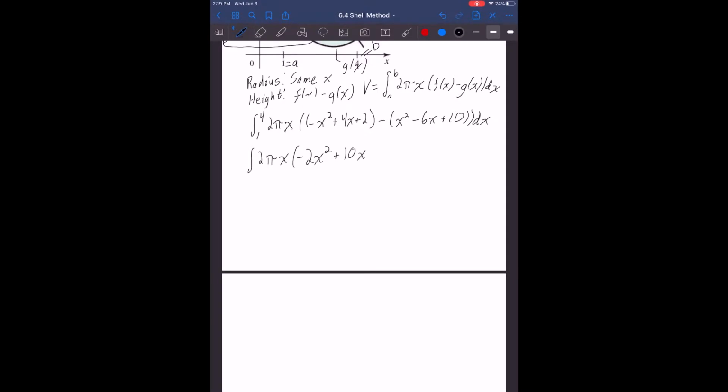The negative is going to distribute through, so plus 10x. And finally, we have 2 minus 10 or minus 8 dx. Again, from 1 to 4, you can multiply all of this out, right? We can expand out by the 2 pi x, multiply all that through in order to just get a polynomial, and then we can take an integral like we know how to do for polynomials.